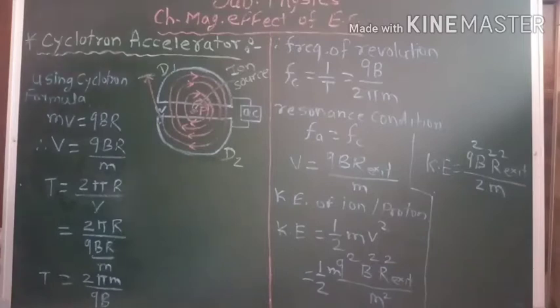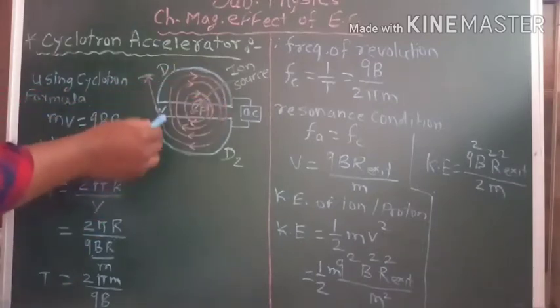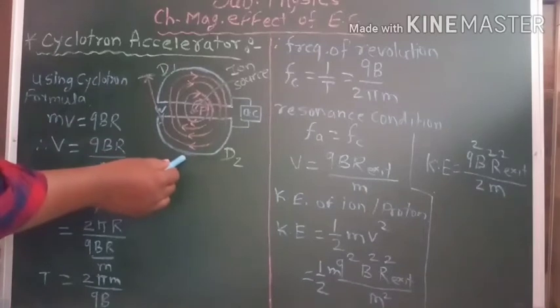Then it consists of two Ds, that means D-shaped metal chambers. Suppose this one is D1 and another one is D2.